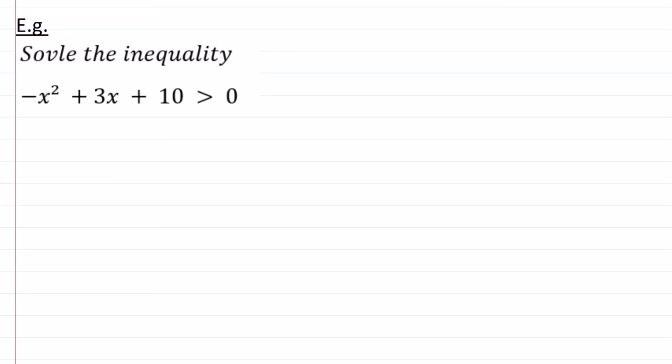Now, if you've got a negative x squared, you need to move everything to the other side. You need to make it a positive x squared.